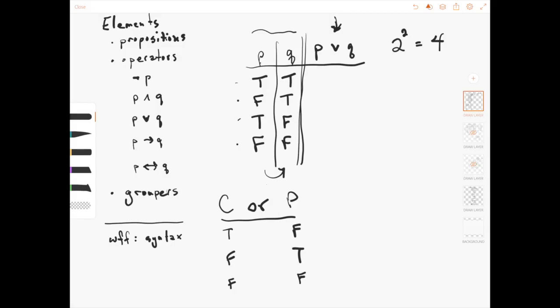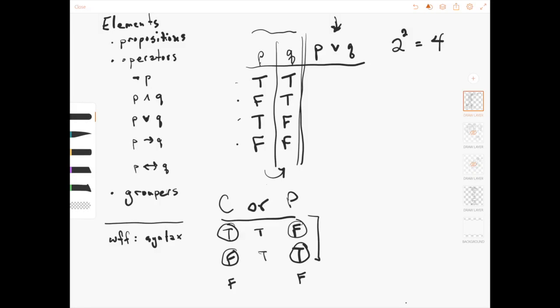Well, if you think about it, our possible truth values for you can have cake or pie: you can have cake and no pie, you can have pie and no cake. So for these two possibilities, I'm telling you the truth when you have cake but no pie, or you have pie but no cake.